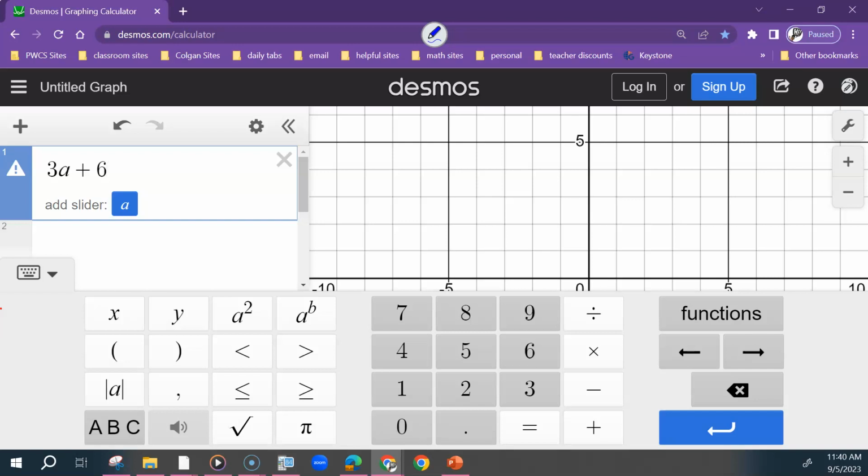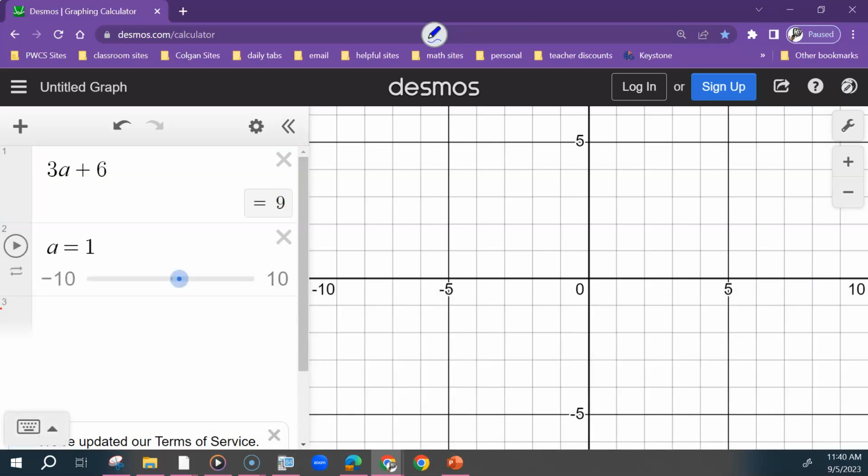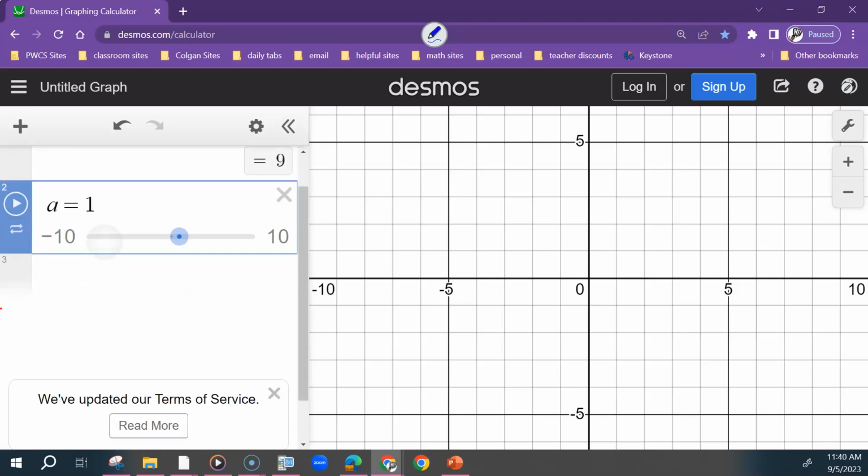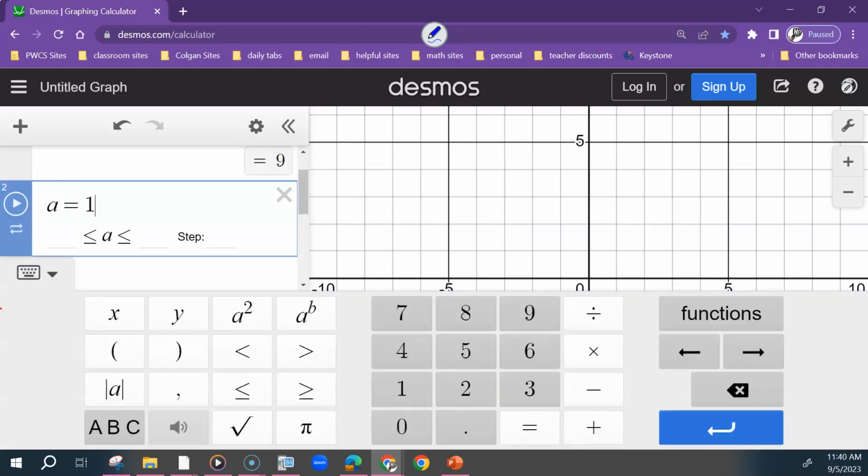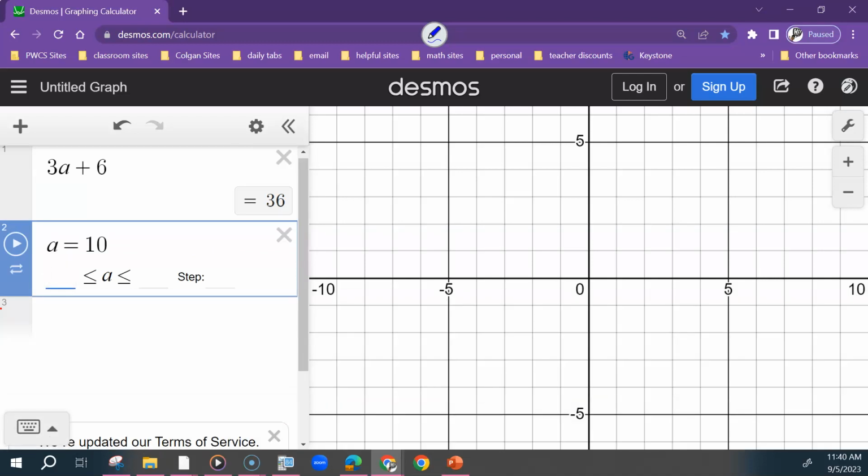And then you're going to see something that says add a slider. Go ahead and add that slider by pressing the A. This is going to help you for what we're about to do, checking your work when we evaluate. You can put in any specific number. So let's say I want this to be 10. It will put this in and tell me what this is when a is 10. You can put in random numbers.